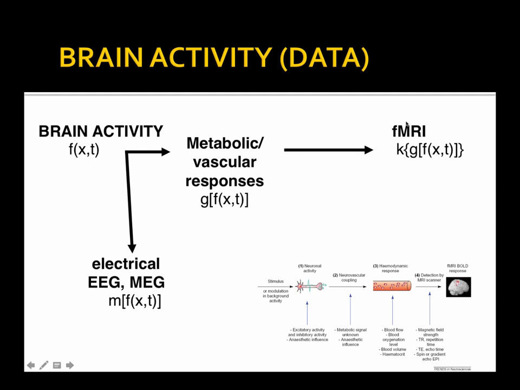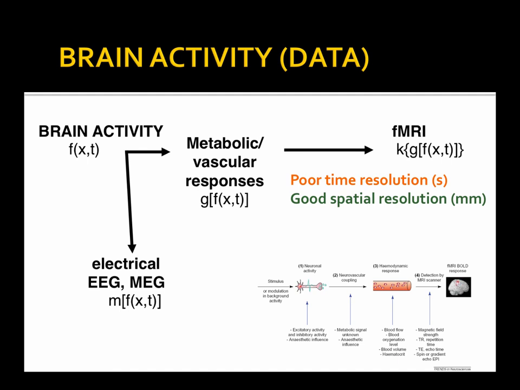And this is the same that you have been seeing through the whole series of classes. And it's important to remember that the BOLD signal has a good spatial resolution but poor temporal resolution, while the EEG has the opposite, right? It's very good in time, however, the spatial resolution is poor.